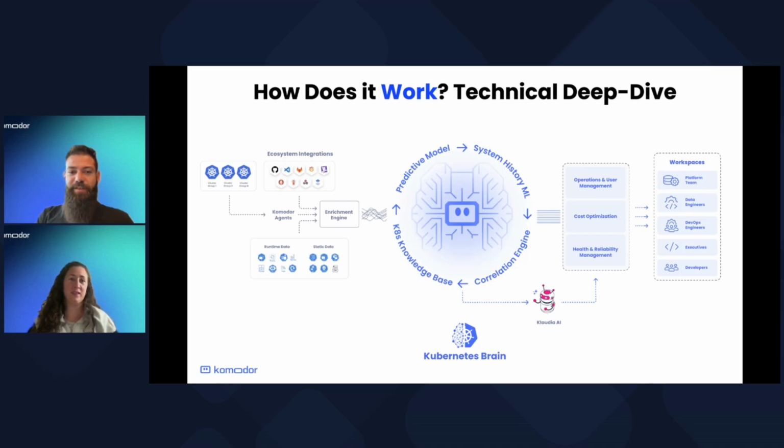Exactly. And another interesting point is that you only improve what you measure. So having that health score is a good compass for improving your overall reliability. Then you can say I was at point A, and thanks to Komodor, I'm able to reach a much higher health score. Agree. This is a really good tool to analyze where you are and how much you can improve.